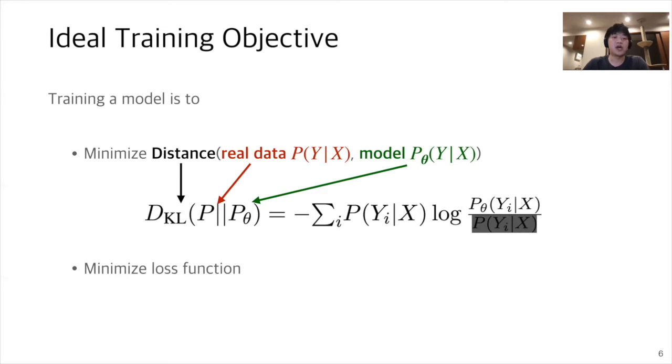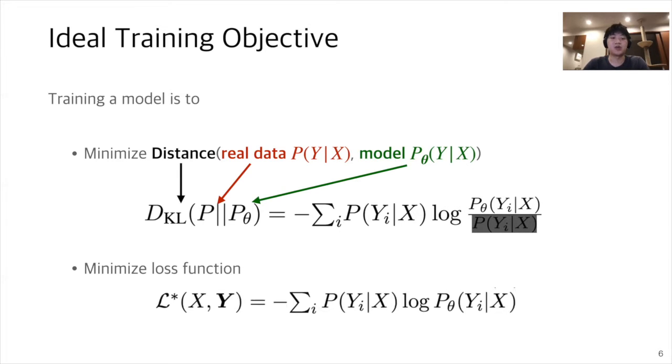And instead, we have to minimize the loss function written in such a way. This is a summation over all the possible responses. However, this loss function is not computable because we do not know all the possible responses. And of course, we do not know the probabilities of all the responses.